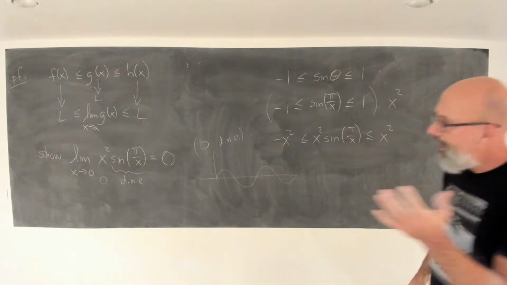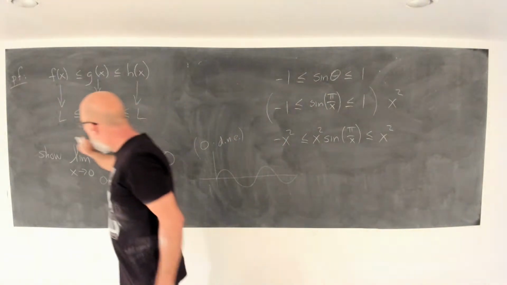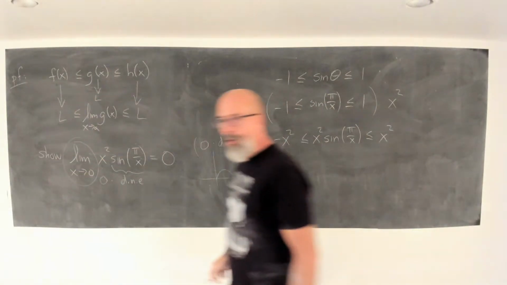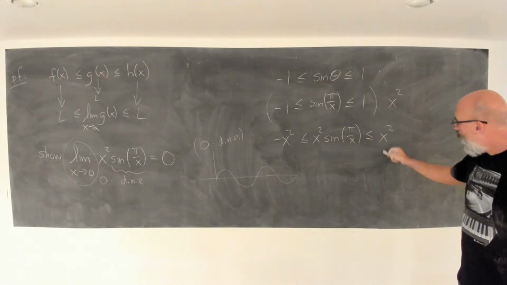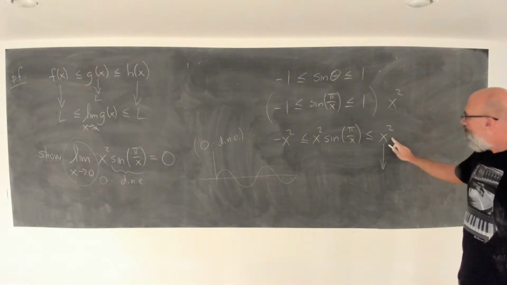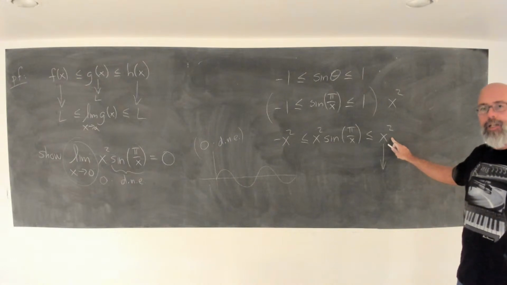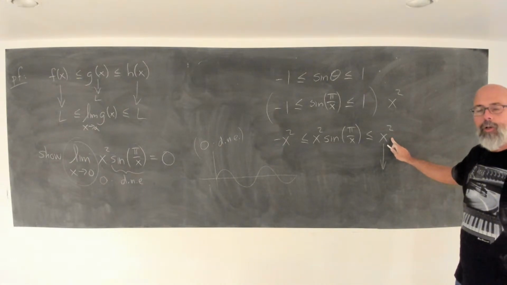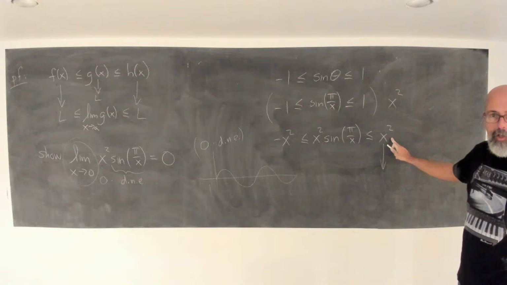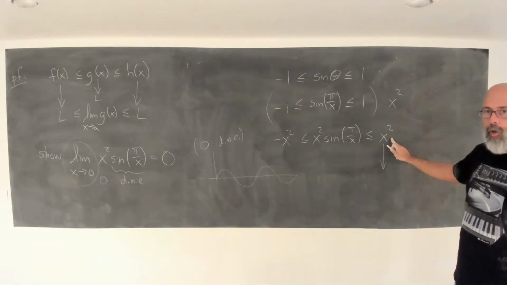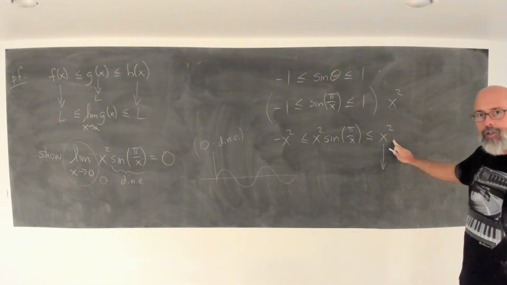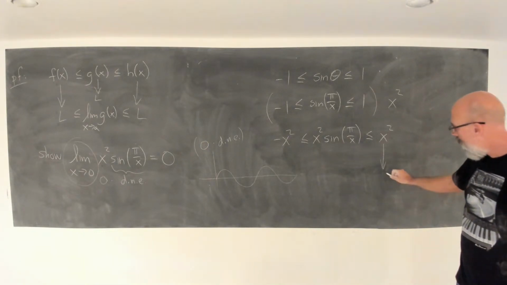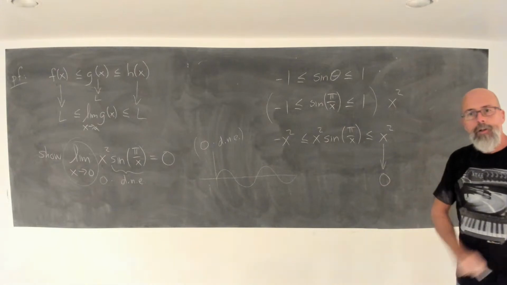And now take the limit as x goes to 0 of the right-hand side. What is happening to x squared as x goes to 0? Now there's no ambiguity. You know what is happening. It's going to 0.